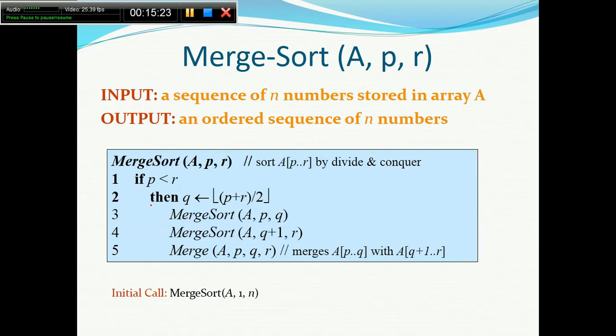Now it says: if P is less than R, meaning we have some elements in the array, then find Q, where Q is floor of (P plus R) by 2.